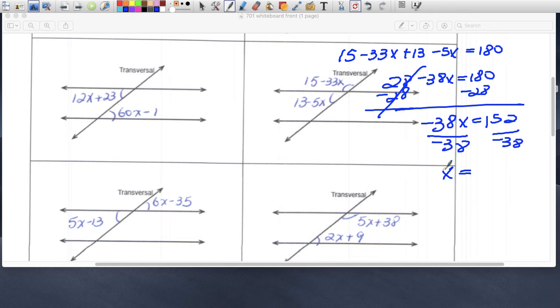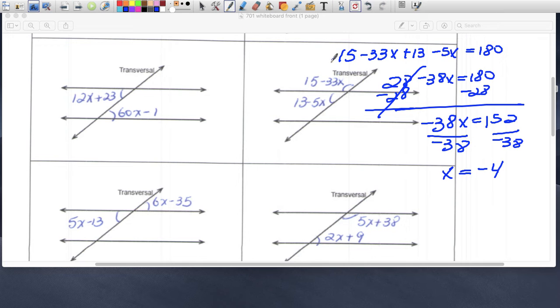That's okay. 152 divided by 38 equals 4, or negative 4.